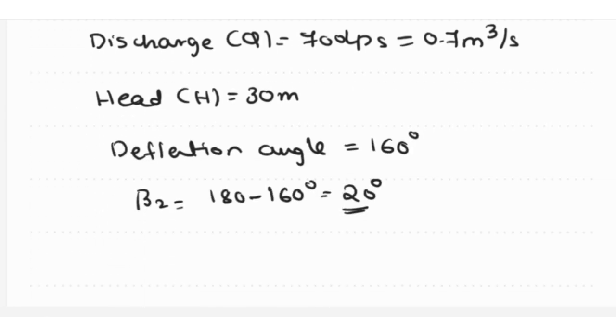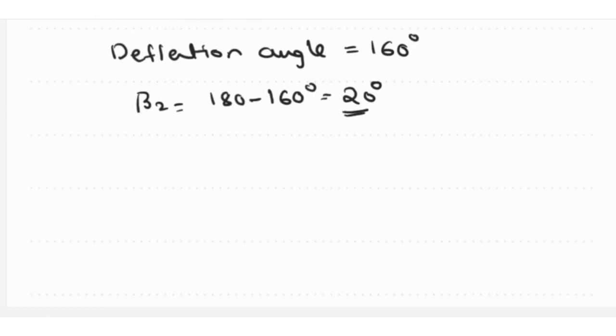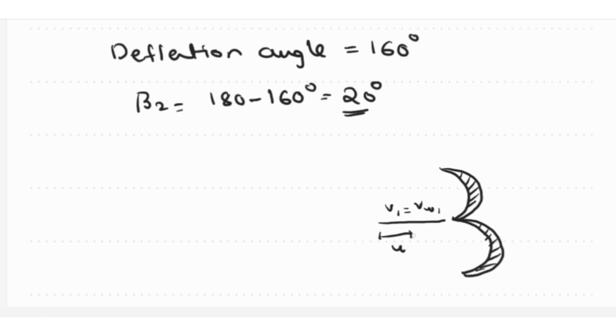So we'll draw the velocity triangle first. Here the jet will strike the plate at the center with a velocity v1 equal to vw1, and this will be u, and whatever the remaining is vr1.